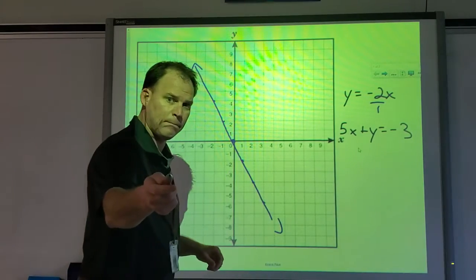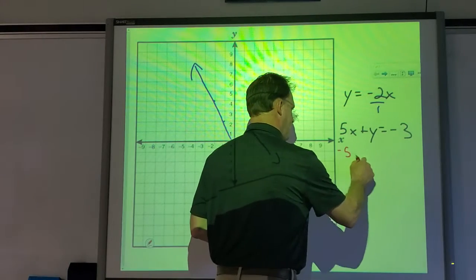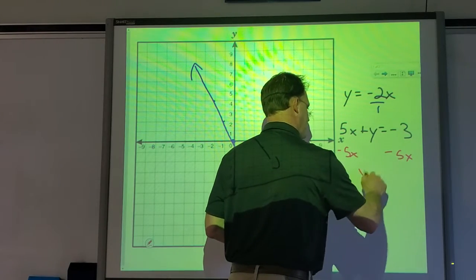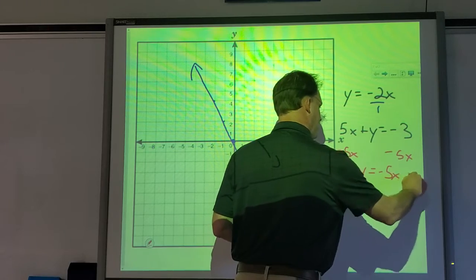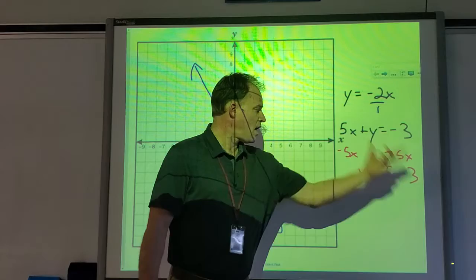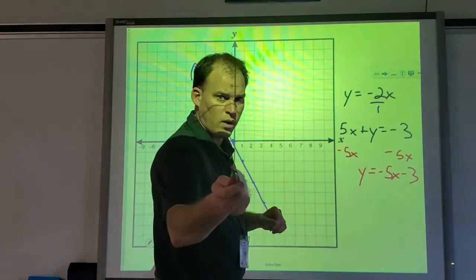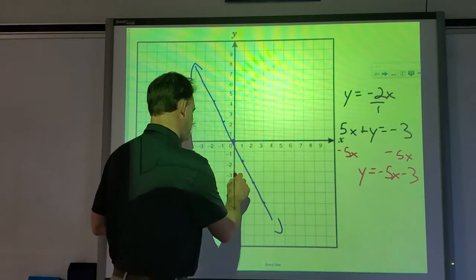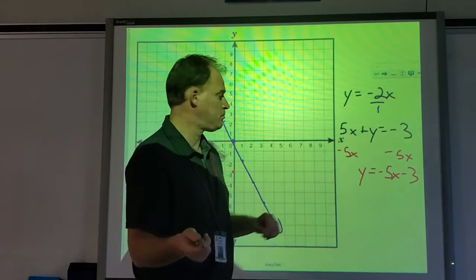First step. There's no coefficient, so I don't have a second step to do. There's my equation. What's the y-intercept? What's the slope?